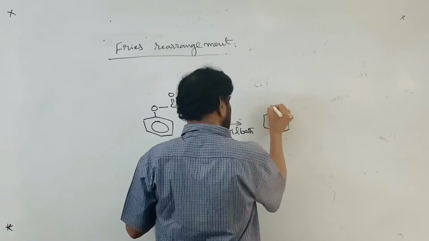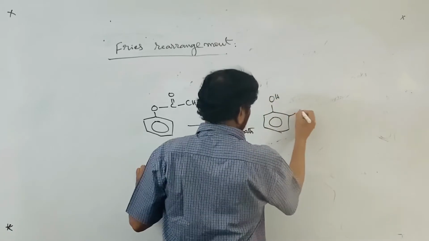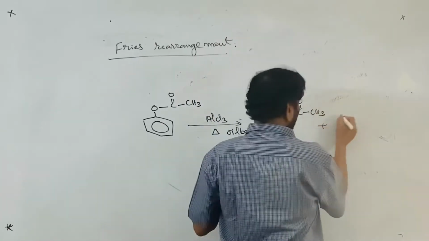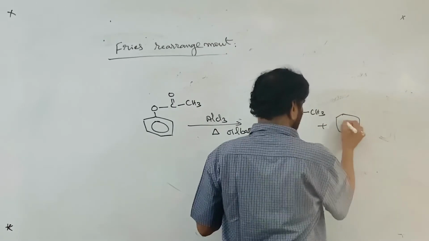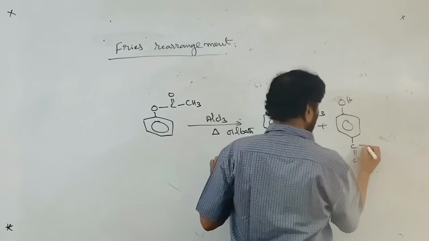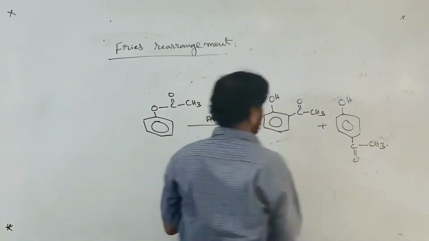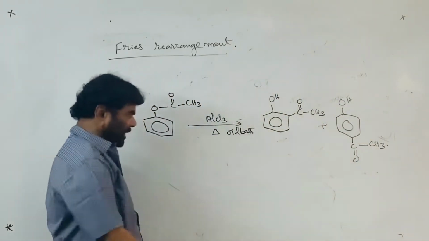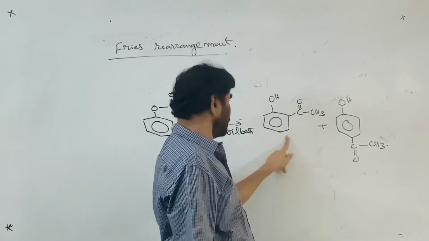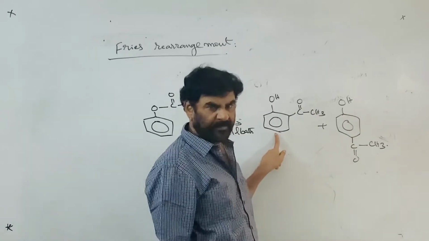So both are possible. Ortho-hydroxyacetophenone plus para-hydroxyacetophenone is formed. These are the two products. If the reaction is carried out under high temperature conditions, this is the major product.